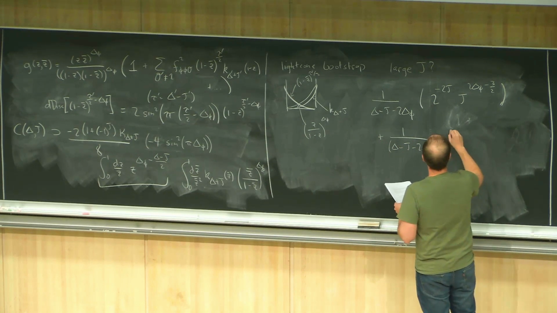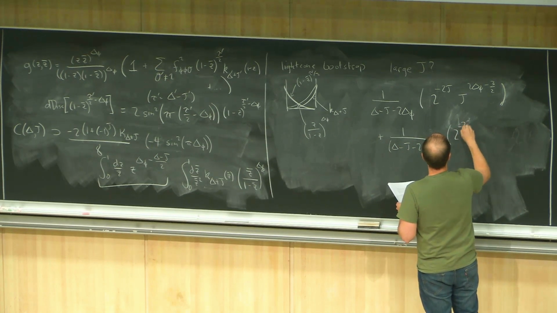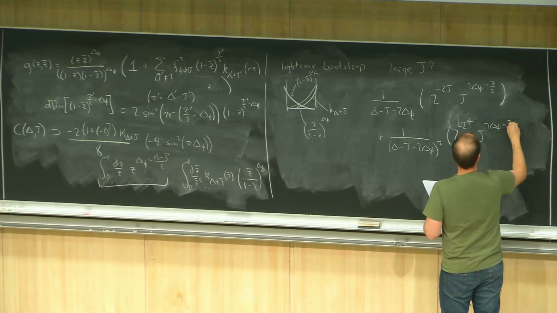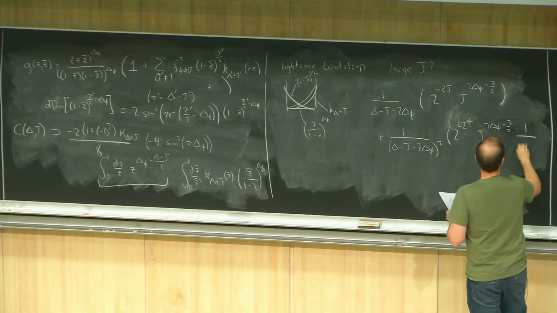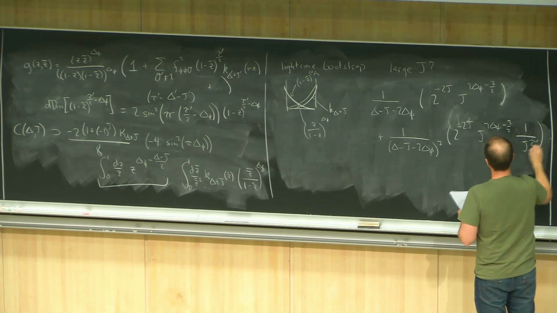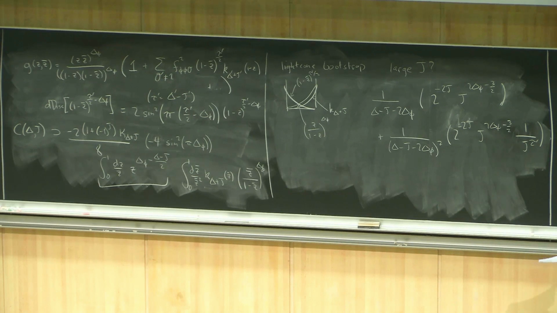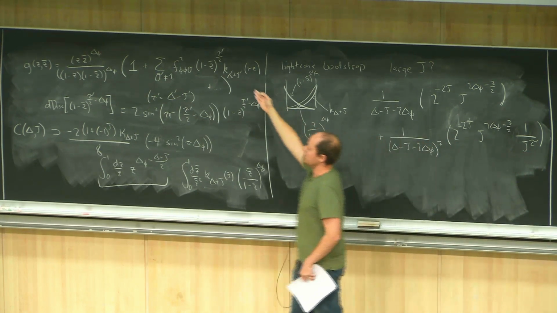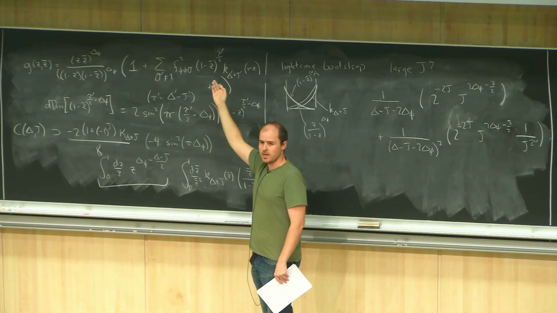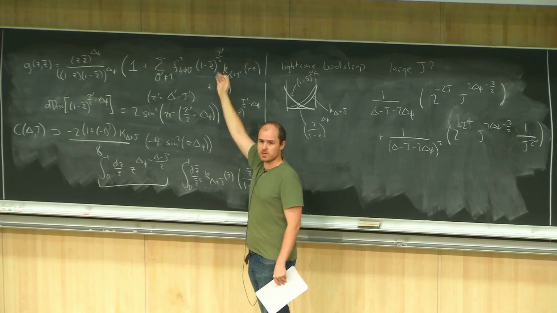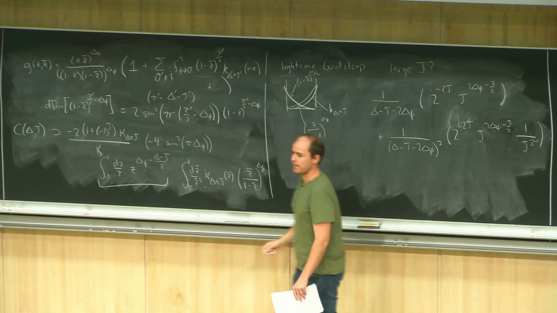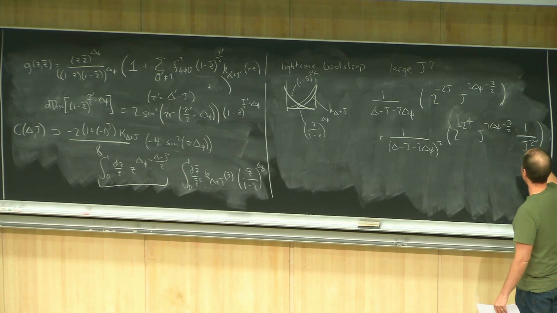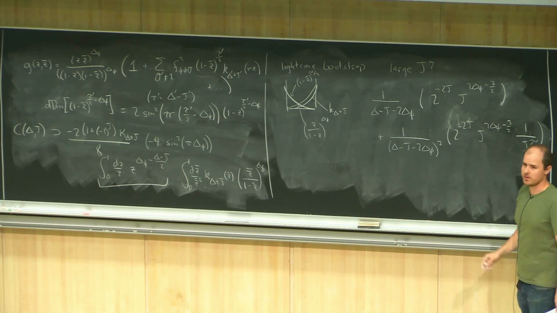And then times this same 2 to the minus 2j, j to the 2 delta phi minus 3 halves, and then an extra 1 over j to the tau prime. So the point is just that the contribution of other operators is suppressed at large j, and the amount of suppression depends on the twist of those operators. So an operator of twist 1 gives a contribution that is down by a power of 1 over j compared to the unit operator contribution.